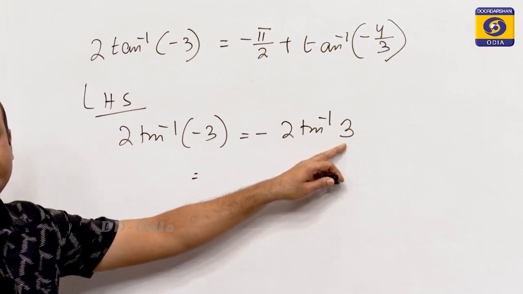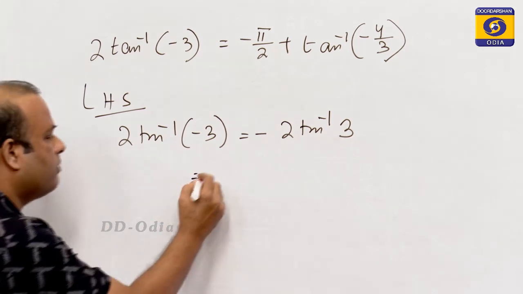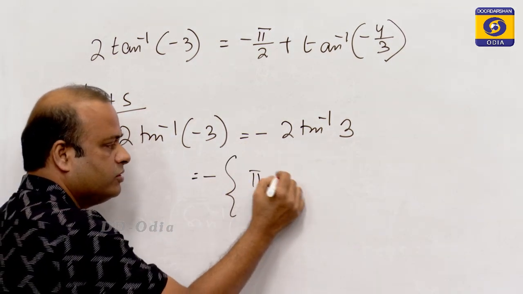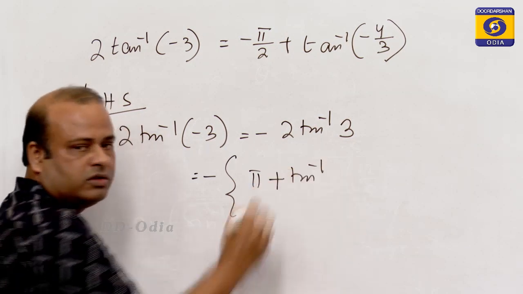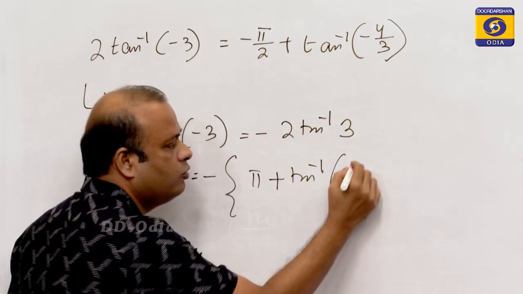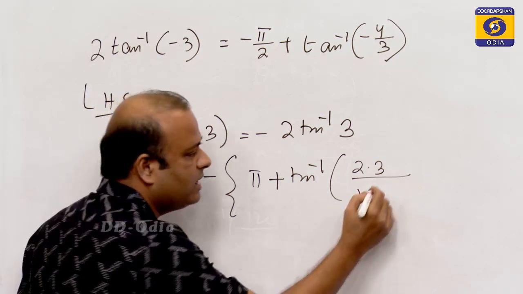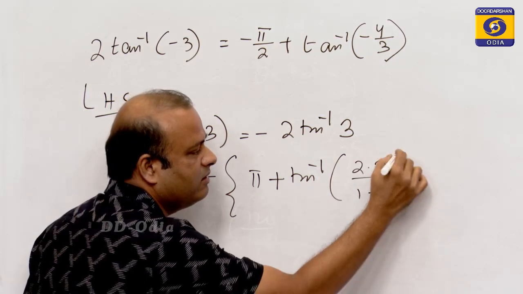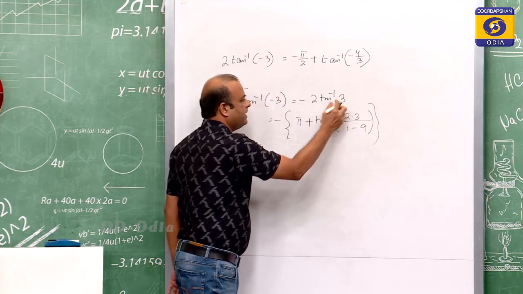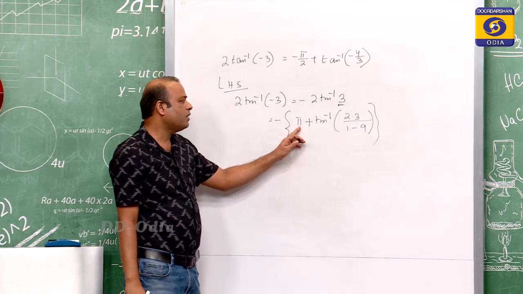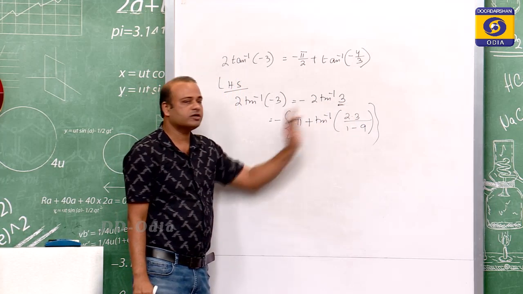And you know when x is greater than 1, the formula is pi plus tan inverse 2x by 1 minus x square, that is 2 into 3 by 1 minus 3 square, 9. Since here x is greater than 1, the formula is pi plus tan inverse this.